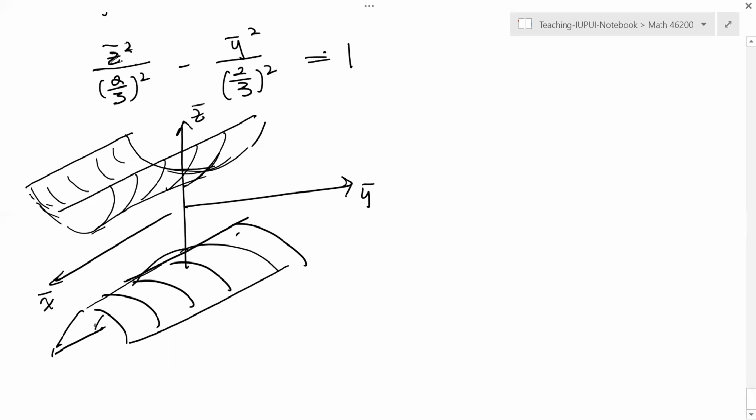All right. So this is a regular surface, and it's called a hyperboloid. Eventually you can simplify the equation to one of the standard forms in the book.